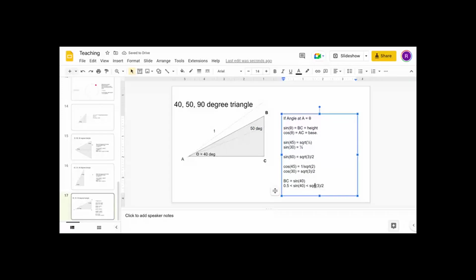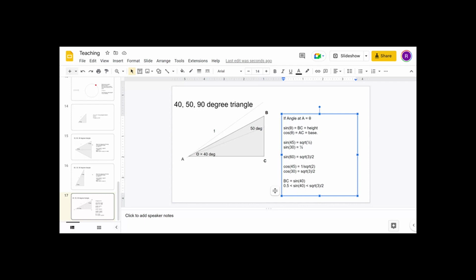Now, we don't know the value of this, but you can use a calculator to get this. So if people have access to a calculator, you can open a calculator on your browser or on the computer or anything. Can you tell me how much is sine of 40 degrees? 45 we know is approximately 0.707.